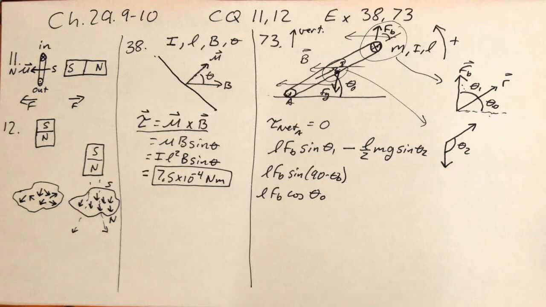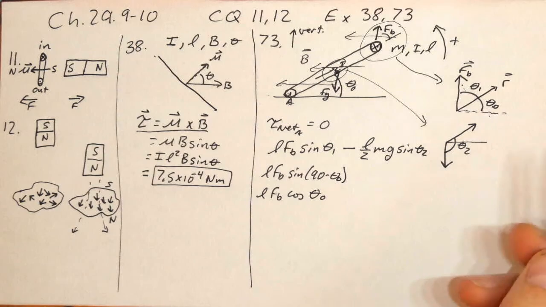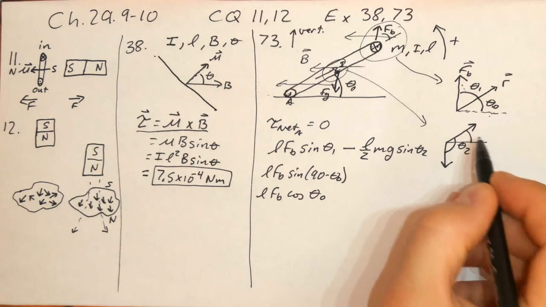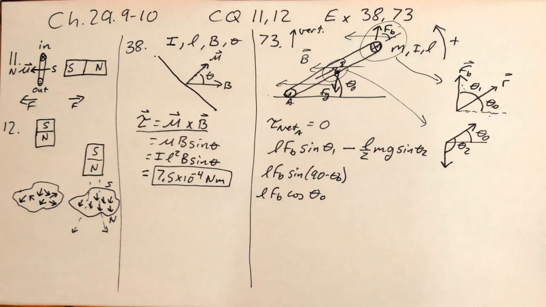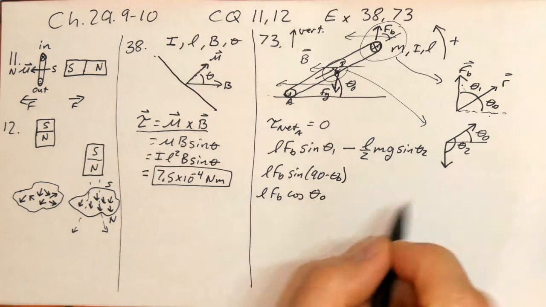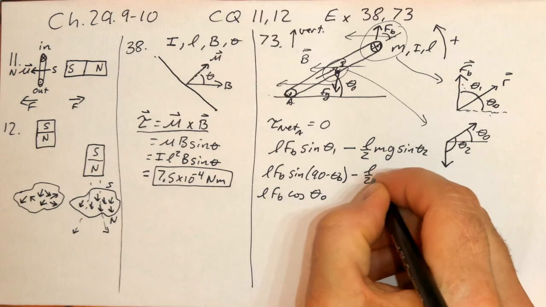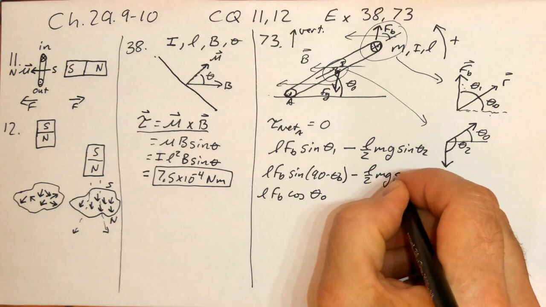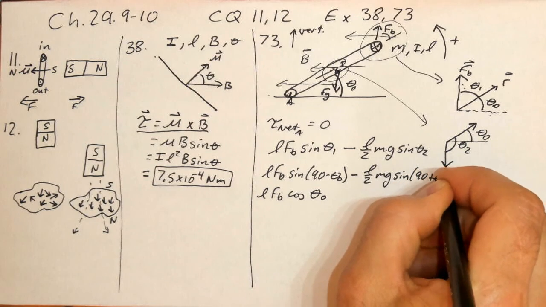Now, if I go like this, I know that that is theta 0, which is the number I'm given. And so theta 2 is 90 plus theta 0. So this is going to be L over 2 mg sine of 90 plus theta 0.